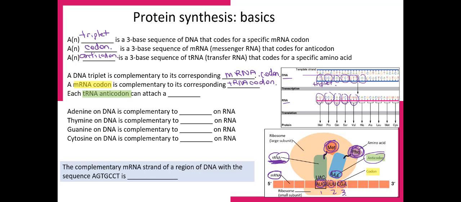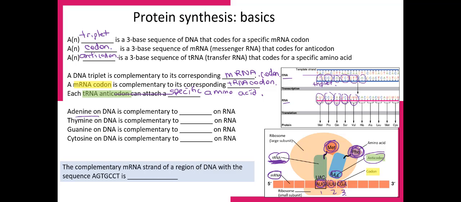And each transfer RNA anticodon can attach to a specific amino acid, right?